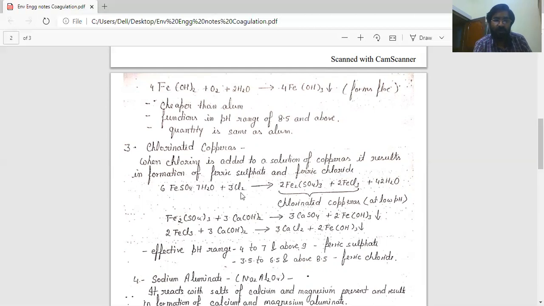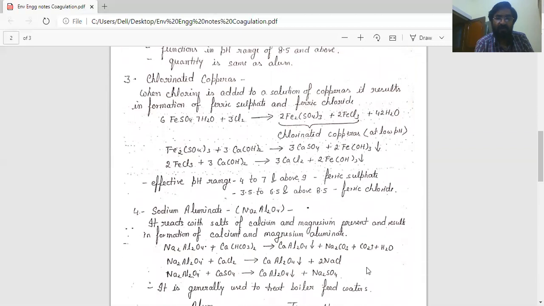So this is chlorinated copperas. It works effectively in a pH range of 4 to 7 and above 9. For ferric sulfate the pH range is 3.5 to 6.5 and above 8.5, and in this case ferric chloride is used.